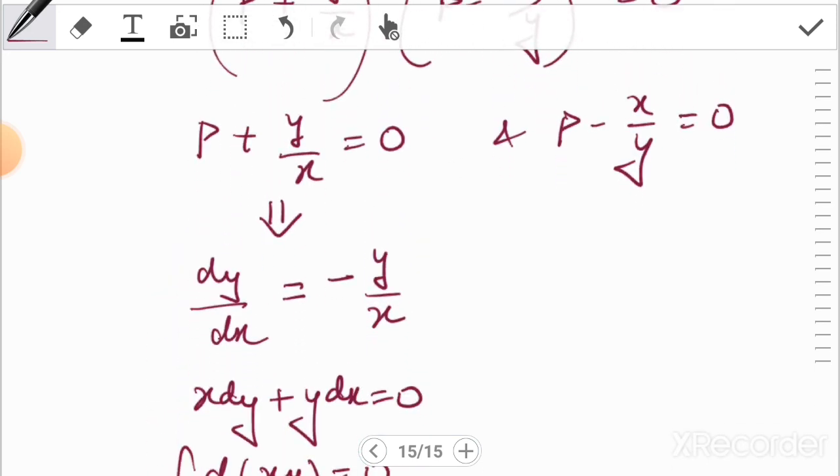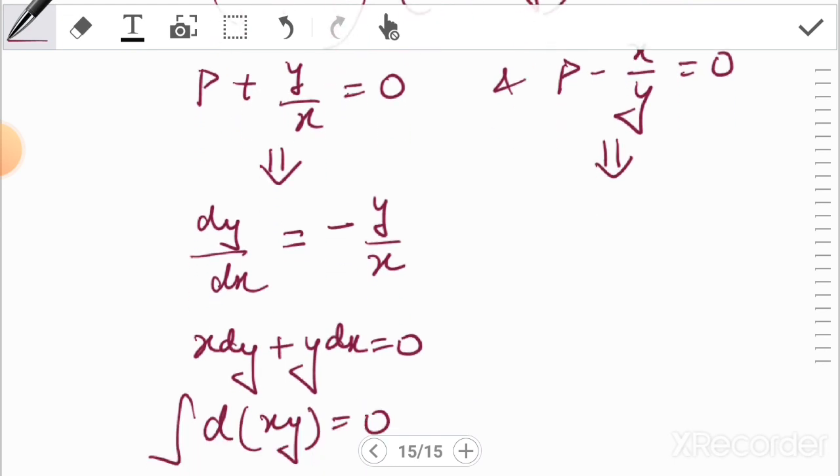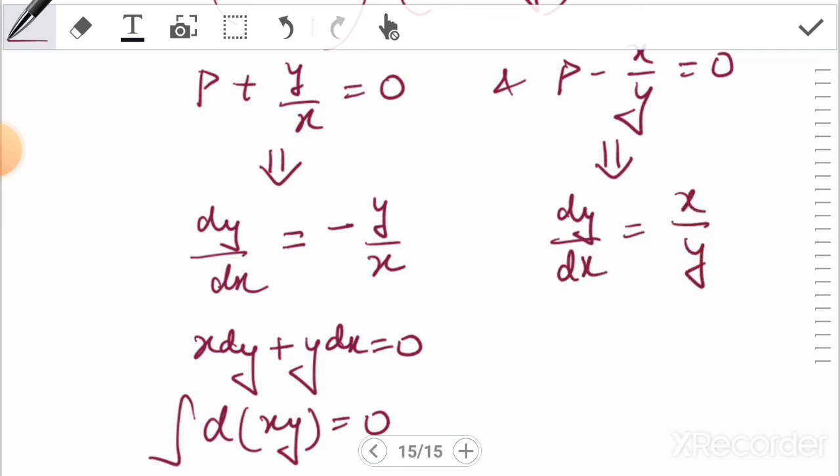Similarly, this will be dy by dx is equal to x by y.